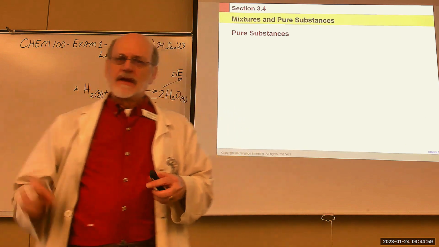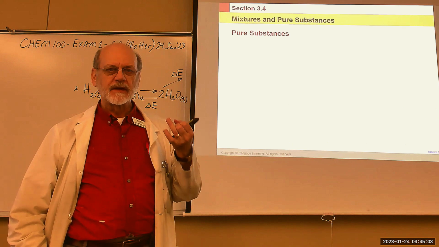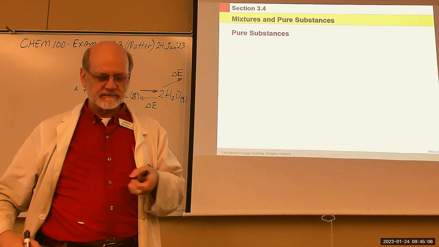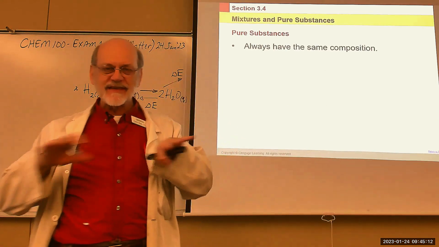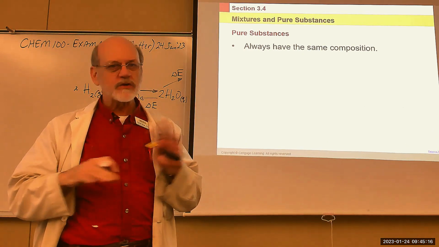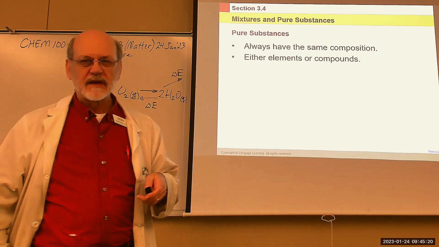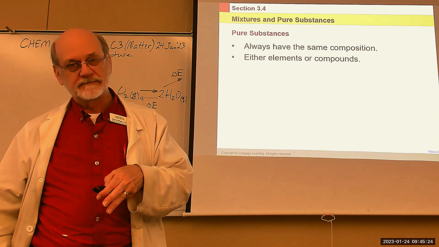Okay, so now that we've identified elements and compounds, we're going to define a pure substance. A pure substance is anything that has the same composition no matter what you do to it. For instance, it could be an element or it could be a compound.